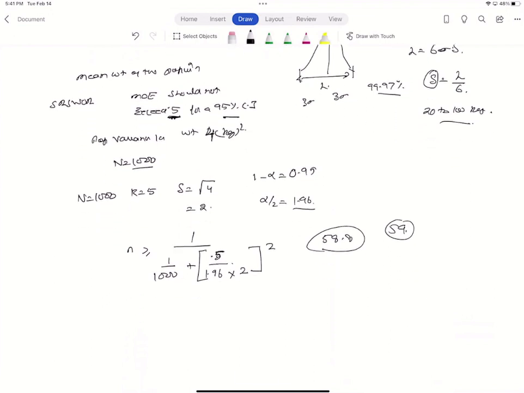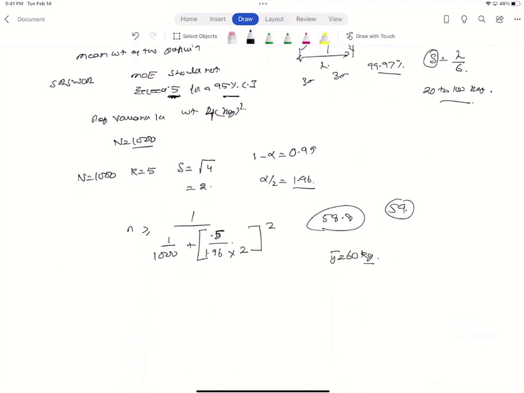So then we do the study and we get a mean weight y bar of 60 kilos. Then we'll say that our estimate for population mean is 60, with a margin of error and a 95% level of confidence.